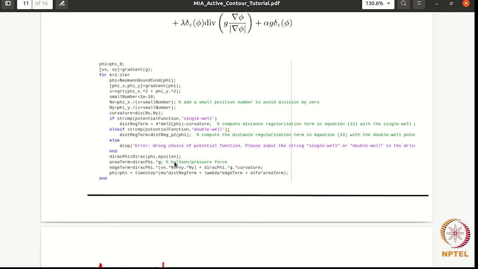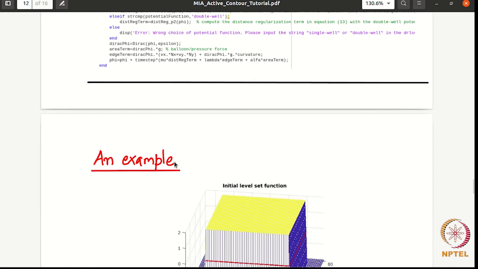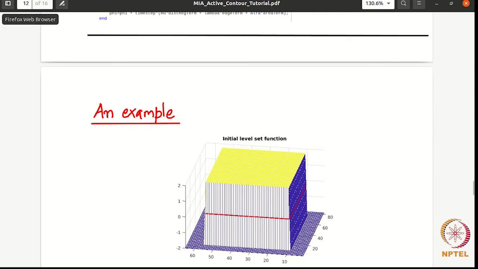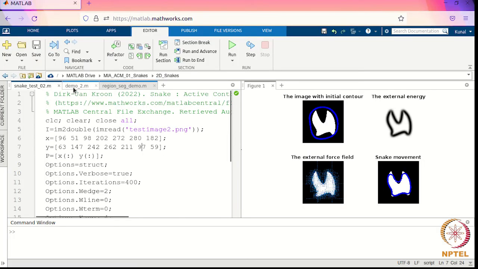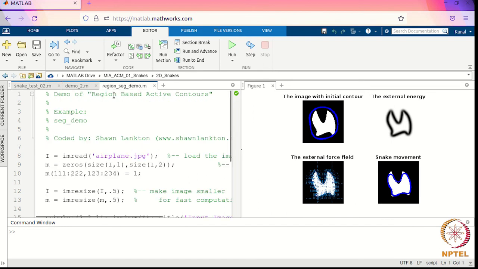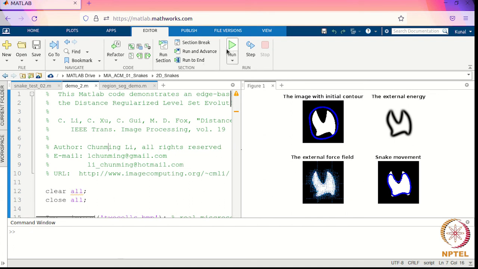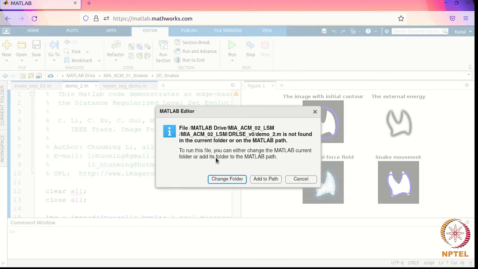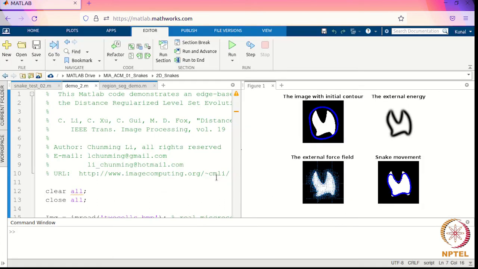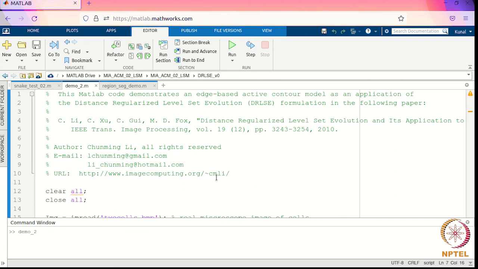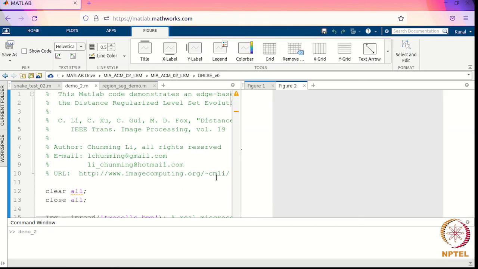Now we show you a sample implementation of this code. So let me show you. This is very slow.